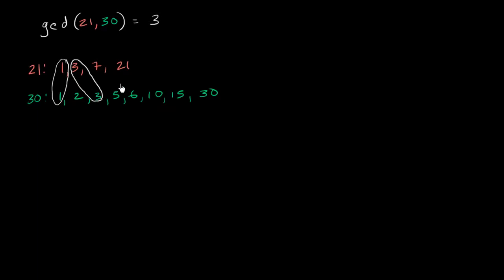Now, I keep talking about another technique. Let me show you the other technique, and that involves the prime factorization. If you say the prime factorization of 21, well, it's divisible by 3. It is 3 times 7. And the prime factorization of 30 is equal to 3 times 10, and 10 is 2 times 5.